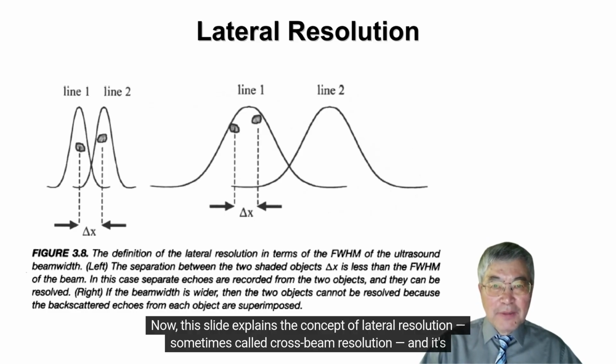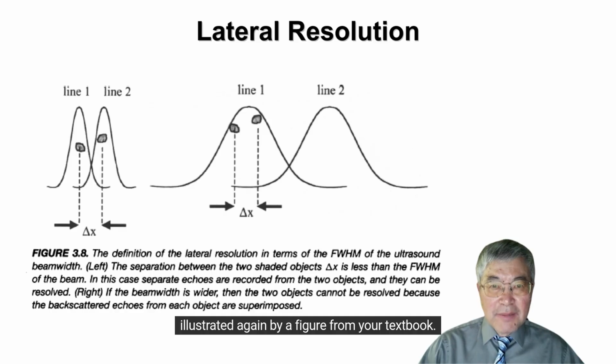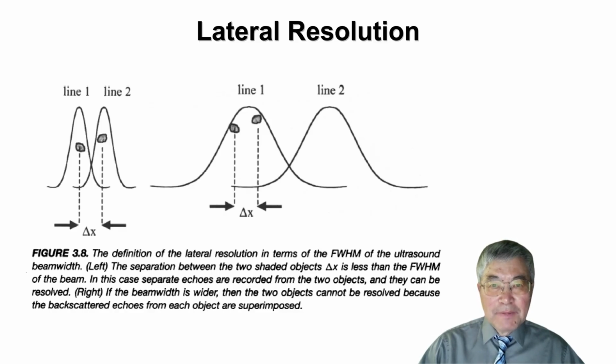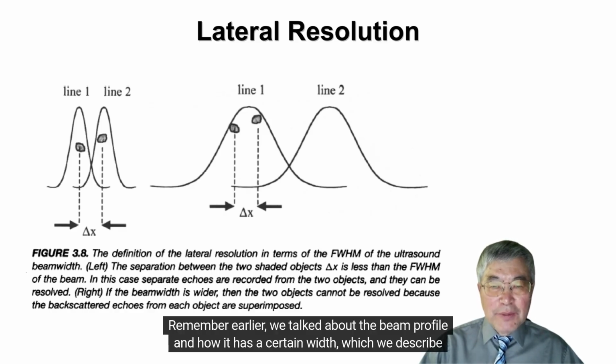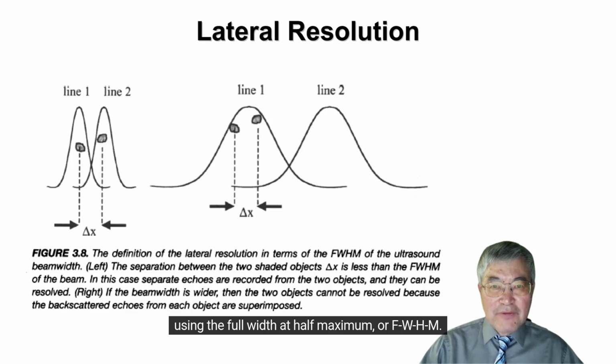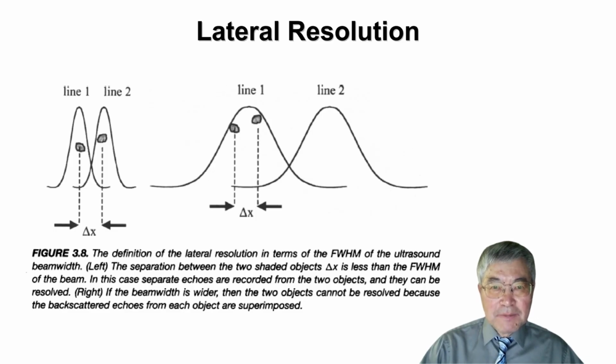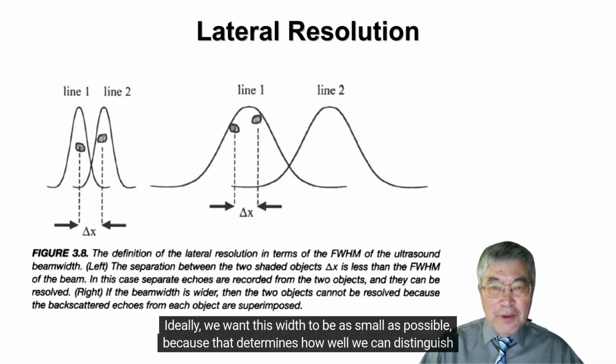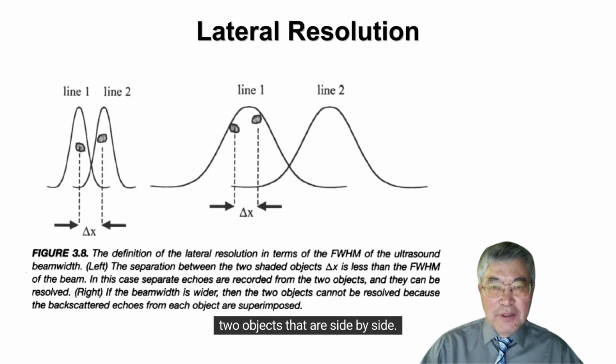Now, this slide explains the concept of lateral resolution, sometimes called crossbeam resolution, and it's illustrated again by a figure from your textbook. Remember earlier we talked about the beam profile and how it has a certain width, which we describe using the full width at half maximum, or FWHM. Ideally, we want this width to be as small as possible because that determines how well we can distinguish two objects that are side by side.